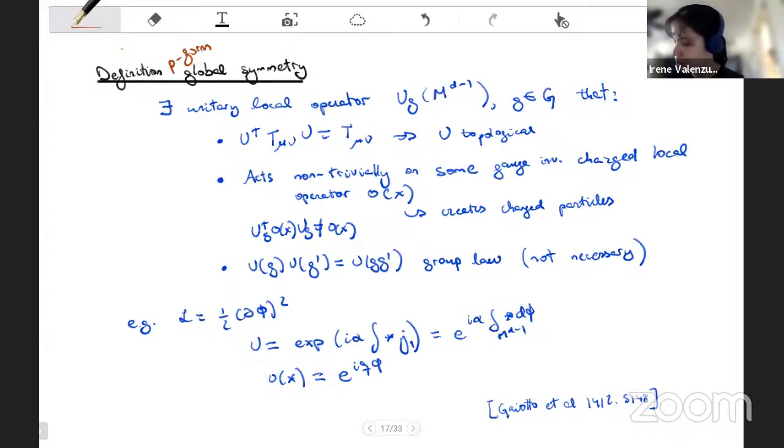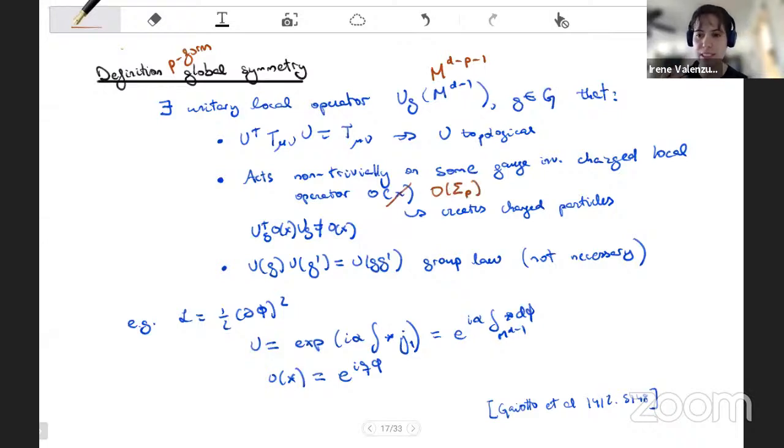Okay, so as I was saying, the first, most standard generalization comes from these p-form global symmetries, these generalized global symmetries, in which the only thing that changes is that these operators now are supported on d minus p minus 1 manifolds, because the operators that are charged under the symmetry are not point-like, but are localized on a p manifold.